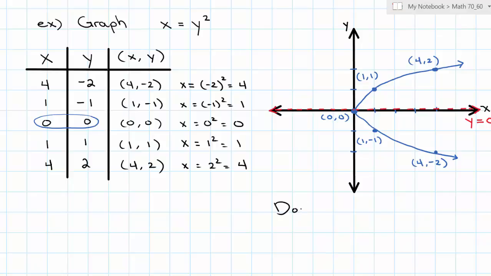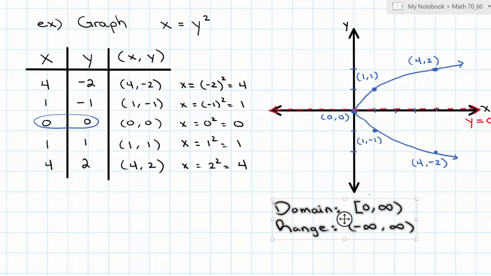If we want to find the domain of this relation, the domain would be the half-closed interval from 0 to infinity. The range would be the open interval from negative infinity to infinity. If we wanted to write these in set builder notation, we could.